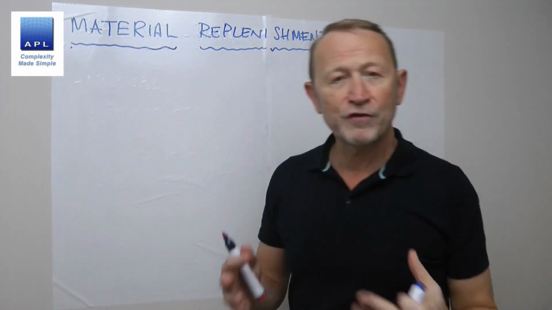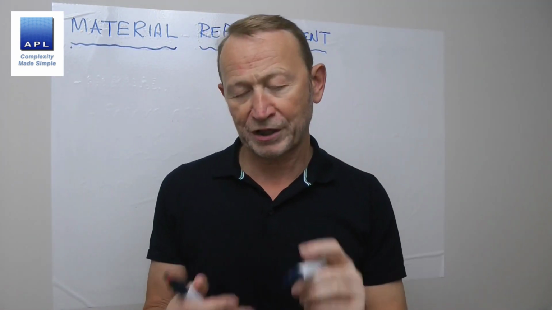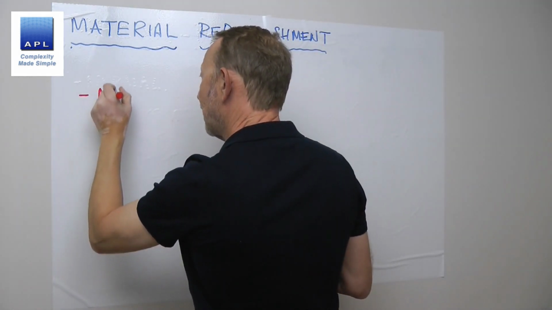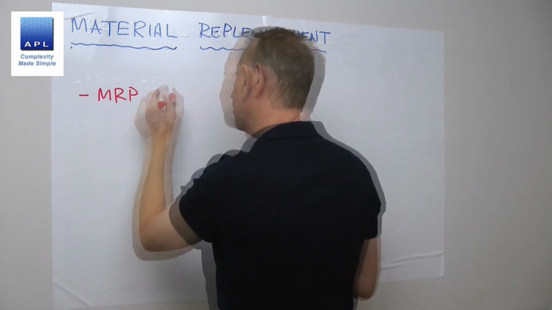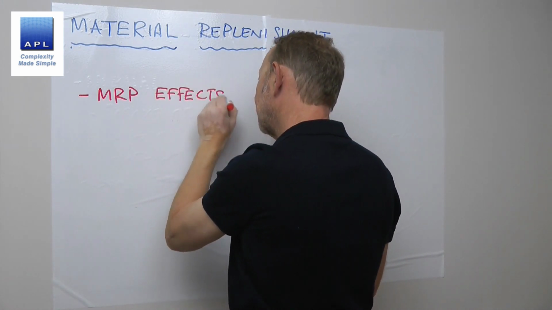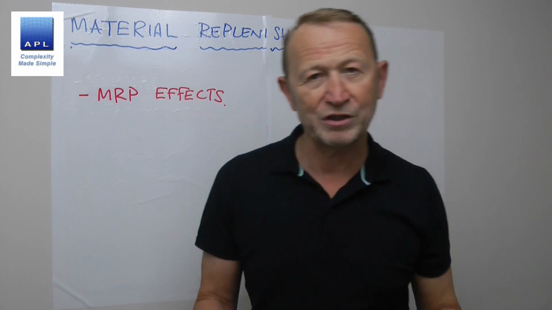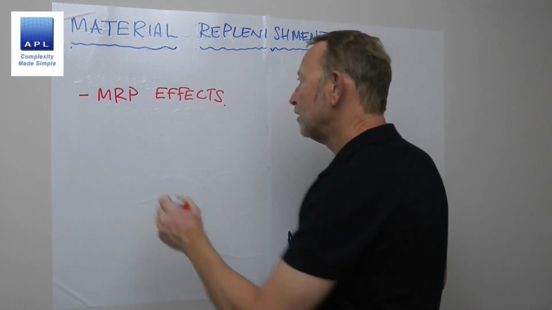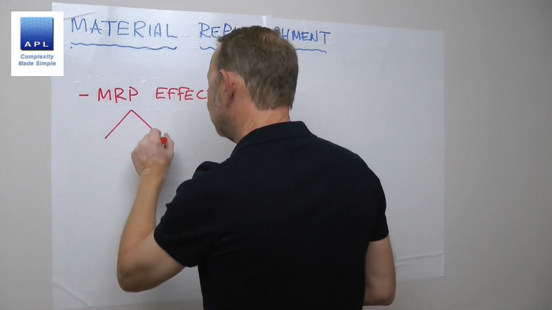Okay, so the first little piece of advice I want to give you is very simple: how this affects your MRP system. Because typically what most companies are doing, obviously you can decide whether you're doing this, what you use your MRP for is two things.